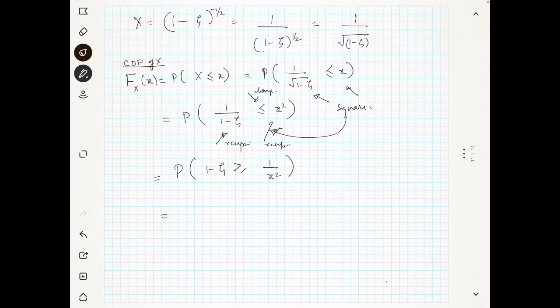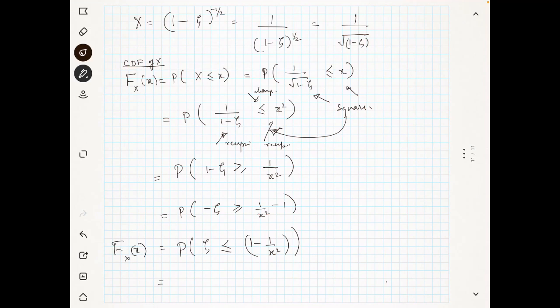So this is the probability that minus zeta is greater than or equal to 1 by x square minus 1. Again I multiply by minus 1 on both sides, so the sign changes. So zeta is less than or equal to 1 minus 1 by x square. So this is the probability, F_X(x).